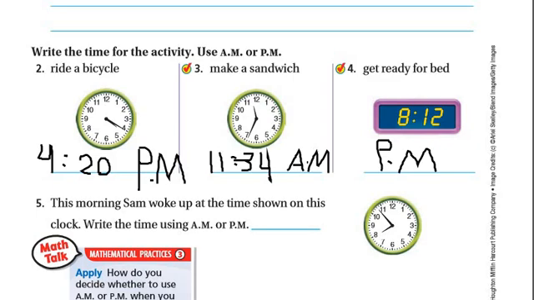PM is from after 12 noon till before 12 midnight, so 8 at night comes before 12 midnight. You can imagine it.